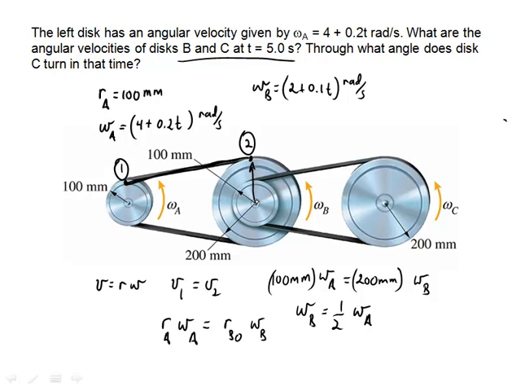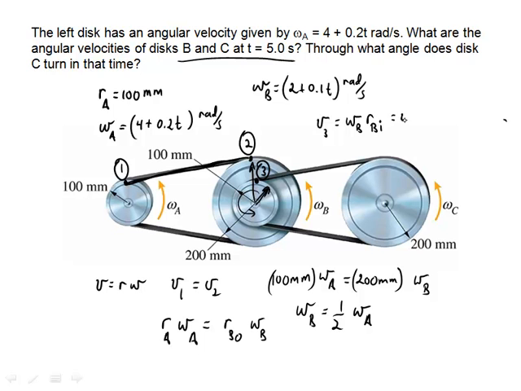Now we'll notice the second belt is attached to this inner disk of the disk system for B, if you will. Now the inner disk and the outer disk are welded together, and so they're both going to have the same omega. So that means that the velocity of this point, call it point 3, the velocity of 3 is equal to omega B times r of B inner.